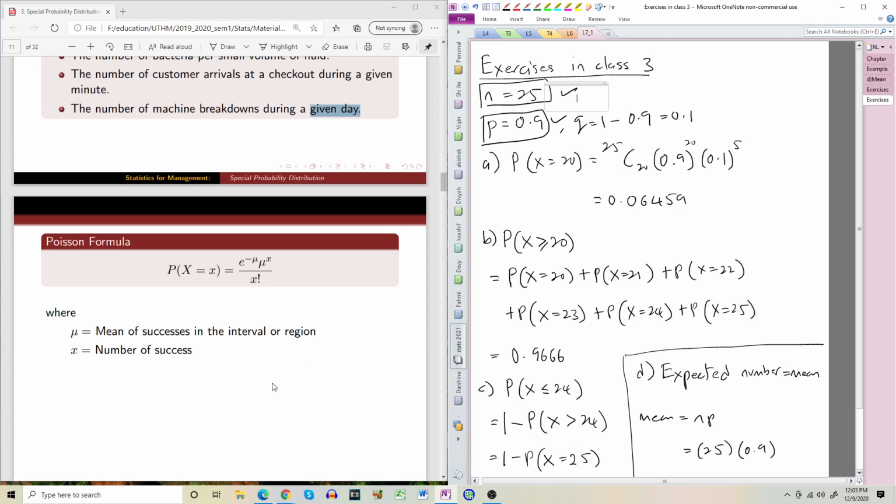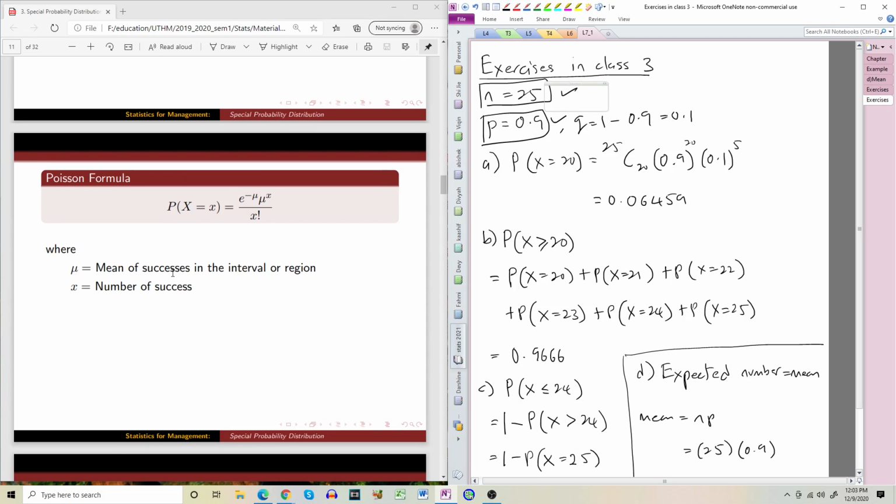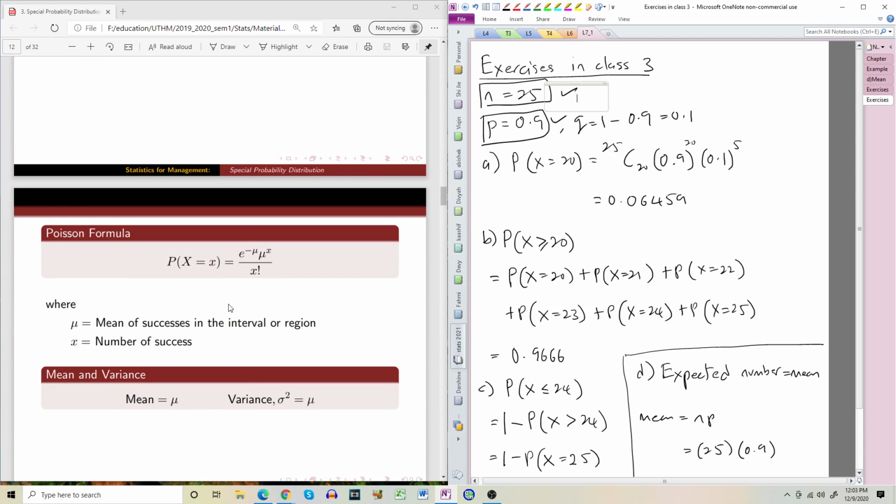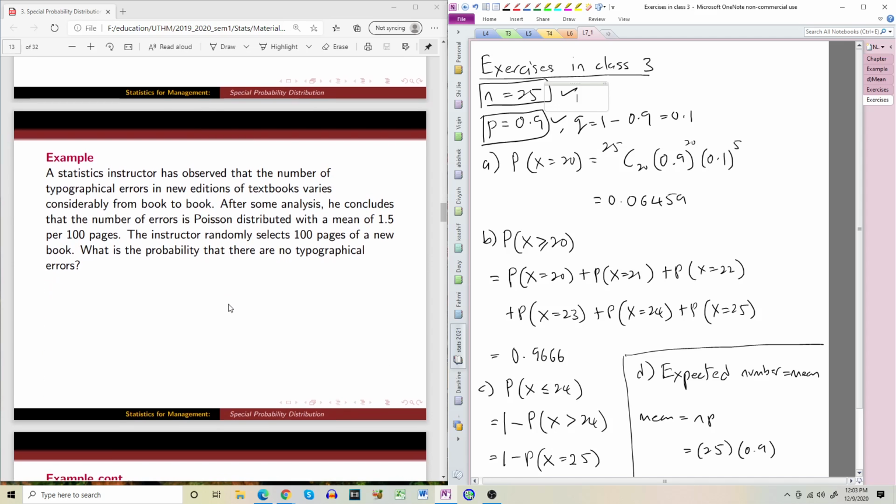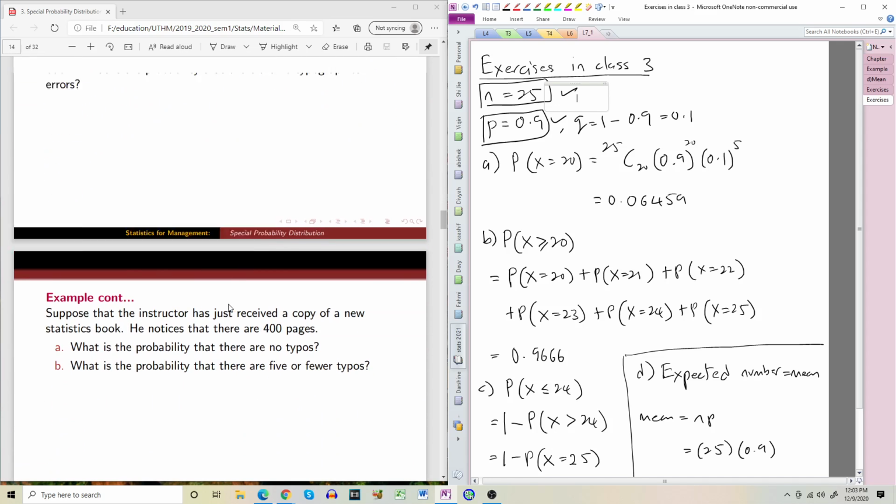For Poisson, they will give you a mean of success in the interval, and the number of success, of course, we have found. The only input in Poisson is mean. The two inputs in binomial are n and p. Okay, you have to understand that. Look at this example.